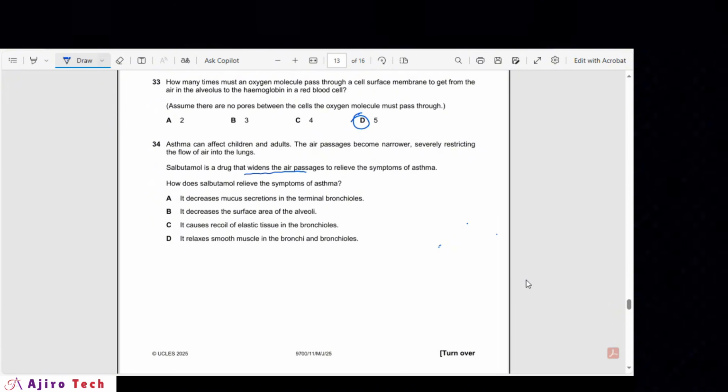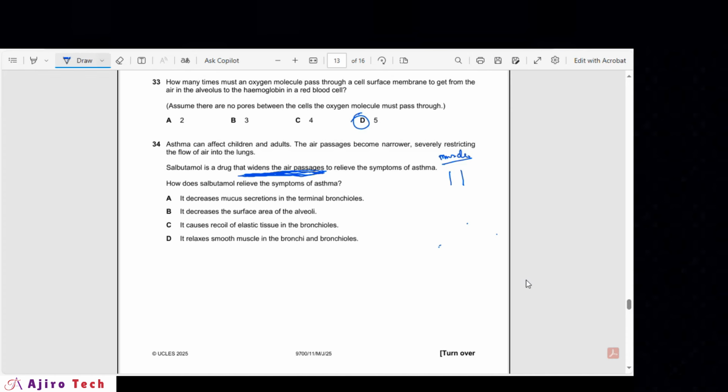What widens the trachea, the bronchus, the bronchioles that make up the air passage? The action of the smooth muscle. When the smooth muscle contracts, it narrows the air passages. When the smooth muscle relaxes, it widens the air passage.